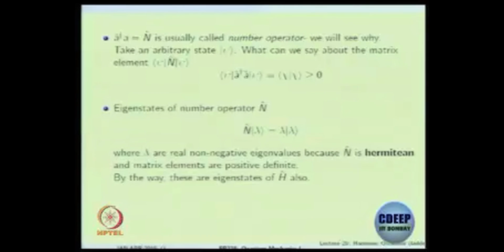So this is just to say that the number operator commutes with the Hamiltonian, so they will also be eigenstates of the number operator. Hamiltonian and number operator will share the same eigenstates, and the eigenvalue of the Hamiltonian will be h cross omega times lambda plus half, right? Is that right? Okay.